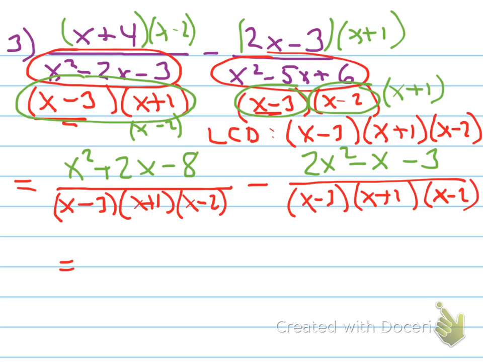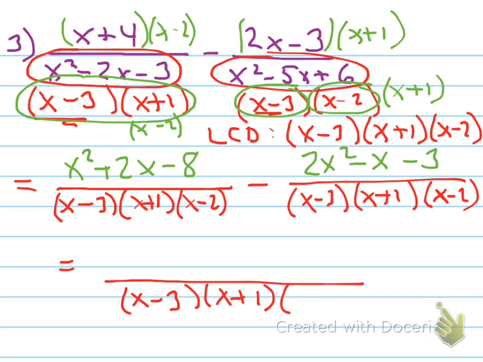All right, so now I'm going to make it all one fraction. I have that nasty looking denominator, and I do not have to multiply it all out. That's not something I'm going to worry about at all. But something you do need to be careful about here. When I am subtracting these guys, keep in mind that this subtraction sign applies to this whole polynomial. So I have x squared minus 2x squared.